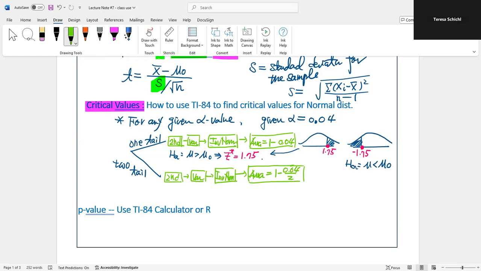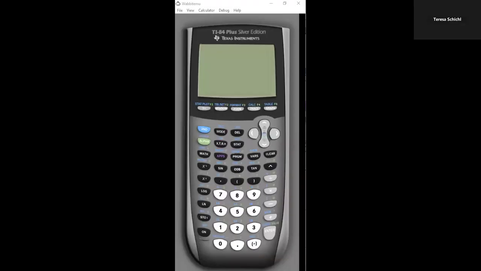So now let's go to the calculator to take a look. What is my critical value here? All right, you should see my calculator now. Let's do it again.